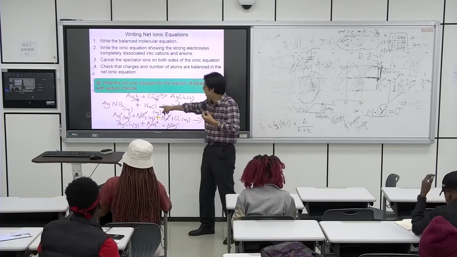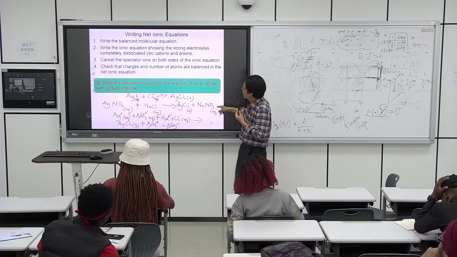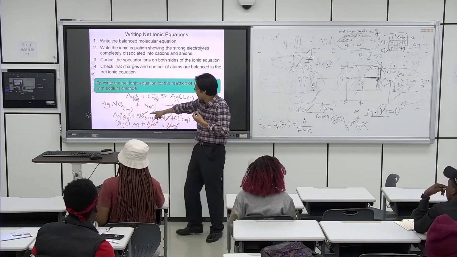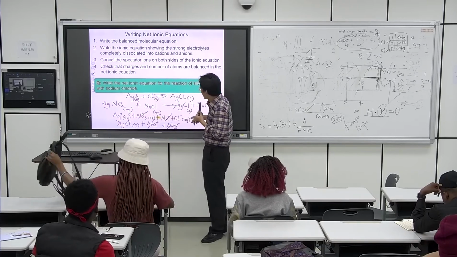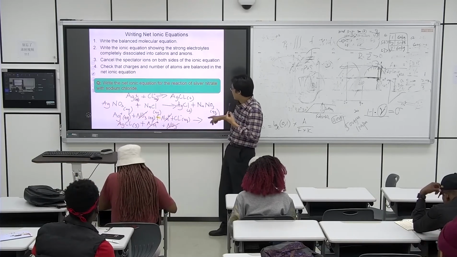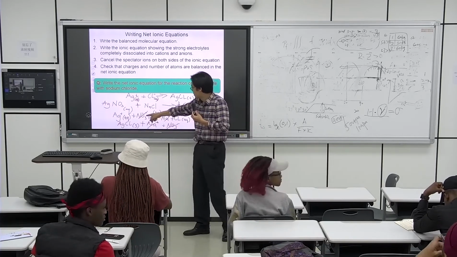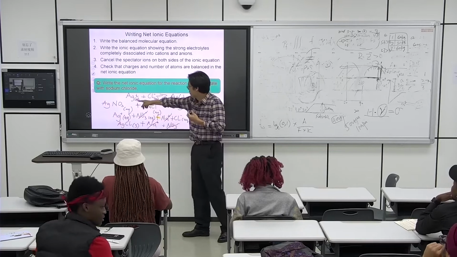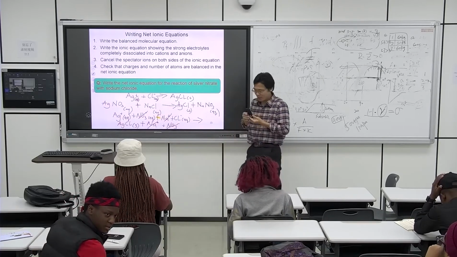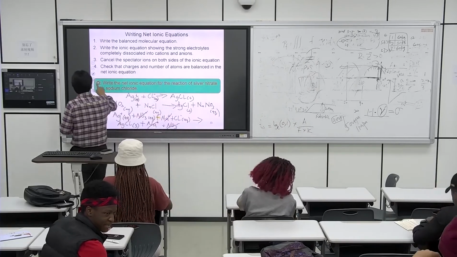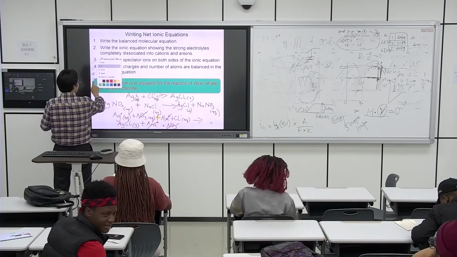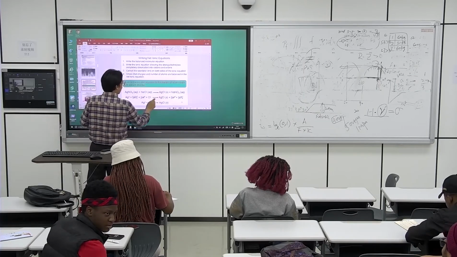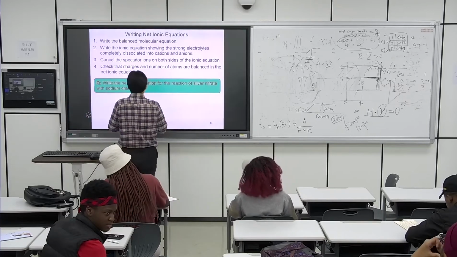So we write the molecular equation firstly, and then we can pick out the ions in the solution, but the product is the solid, and then we offset the ions on both sides, and then finally we get the net ionic equation.